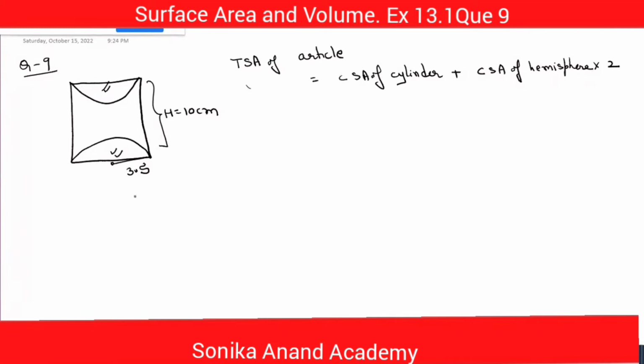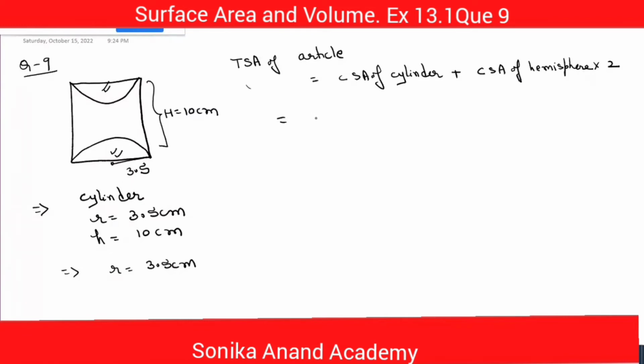Now we just make the data for the cylinder. Radius is equal to 3.5 centimeter and height is equal to 10 centimeter. Now for the hemisphere, radius is equal to 3.5 centimeter. Now what's the formula?